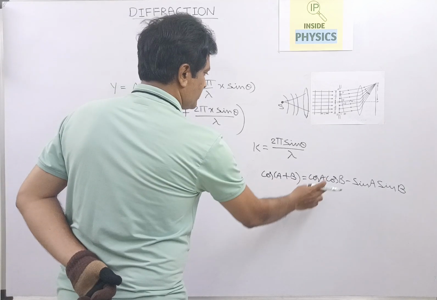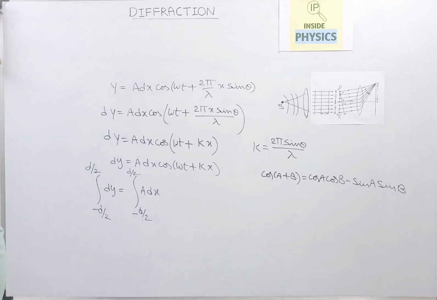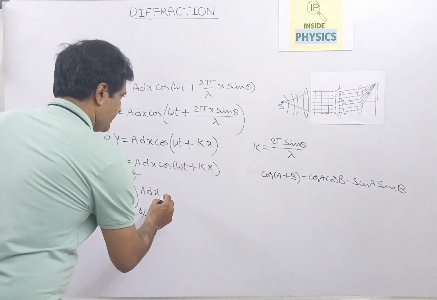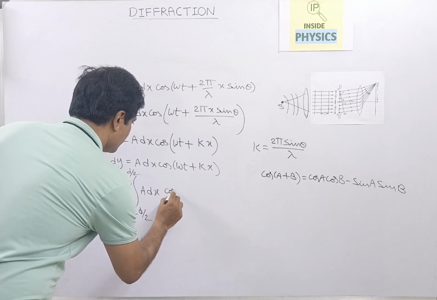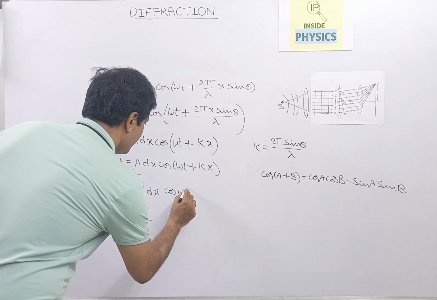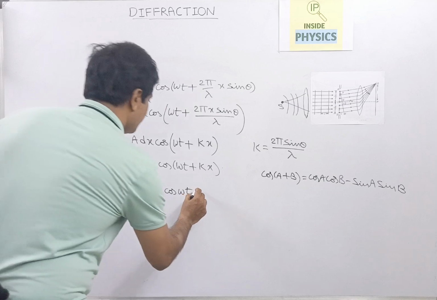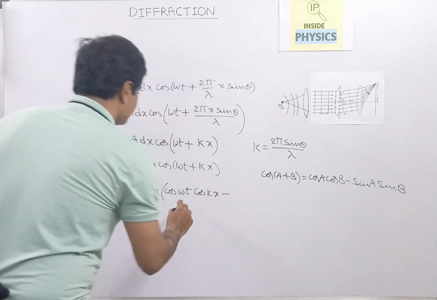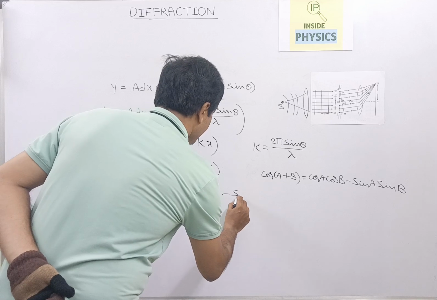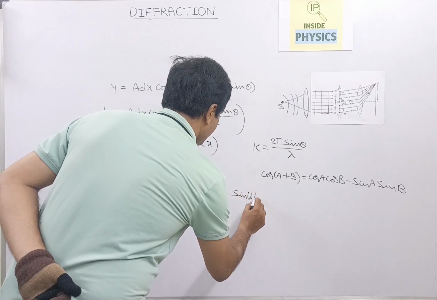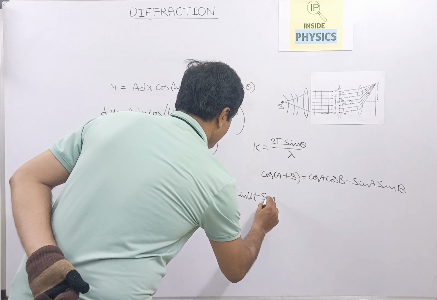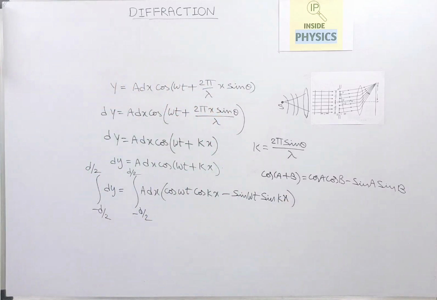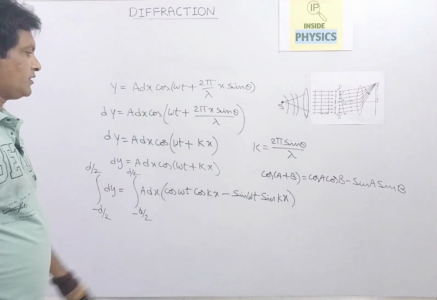Cos of a plus b is equal to cos a cos b minus sin a sin b. So I can write this as cos omega t cos kx minus sin omega t sin kx. From this I obtained this.